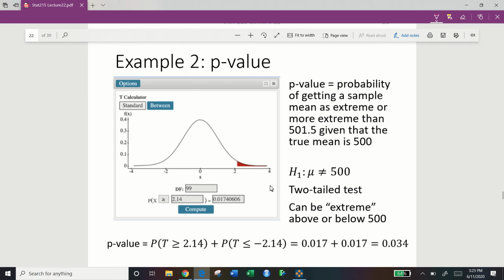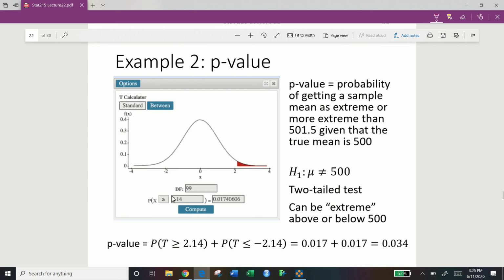In order to do that, under the t calculator, we would type in our degrees of freedom, with x being greater than or equal to our test statistic, hitting compute, getting that value, and then doing it again only with less than or equal to a negative version of our test statistic. So negative 2.14.